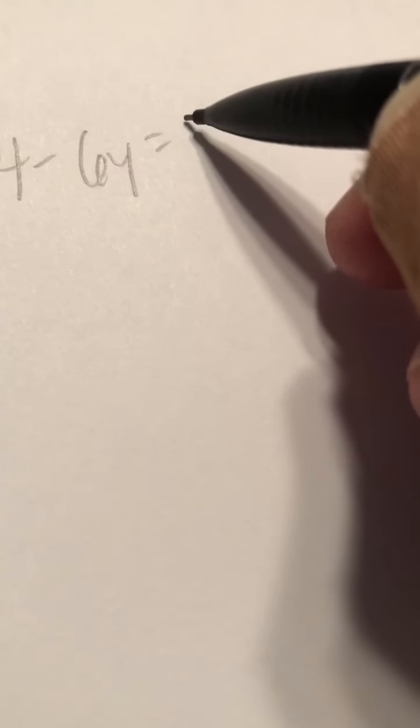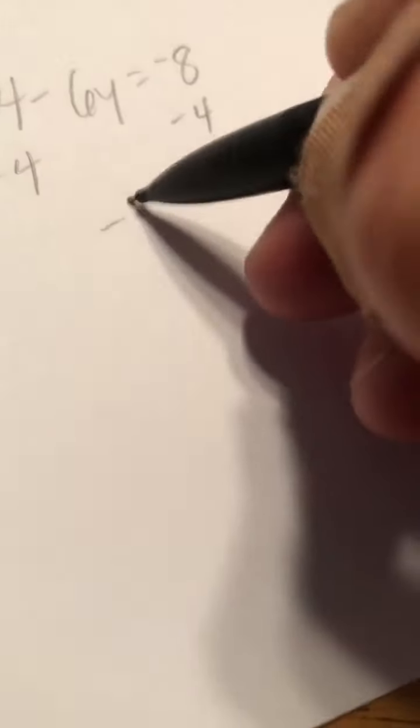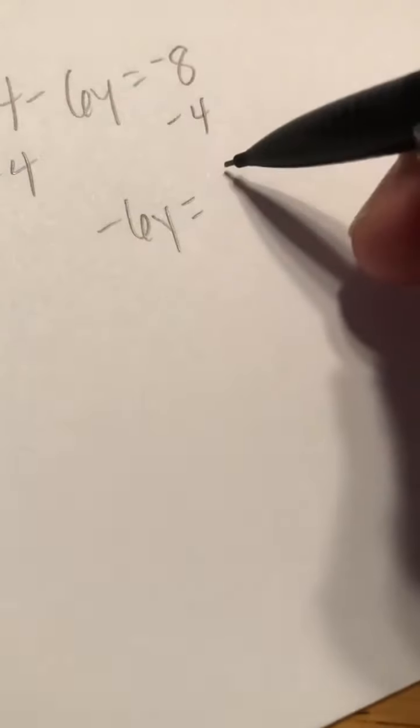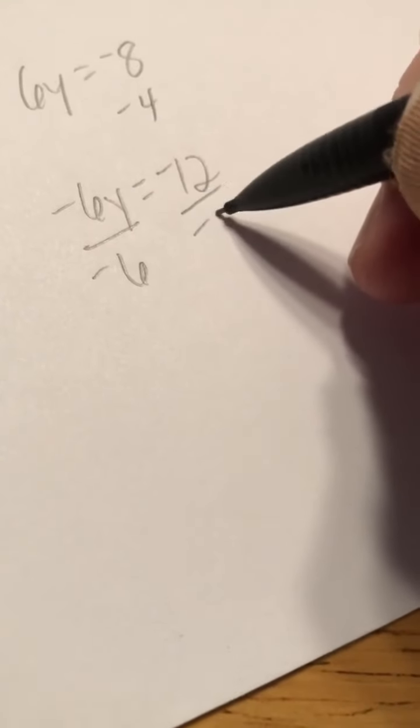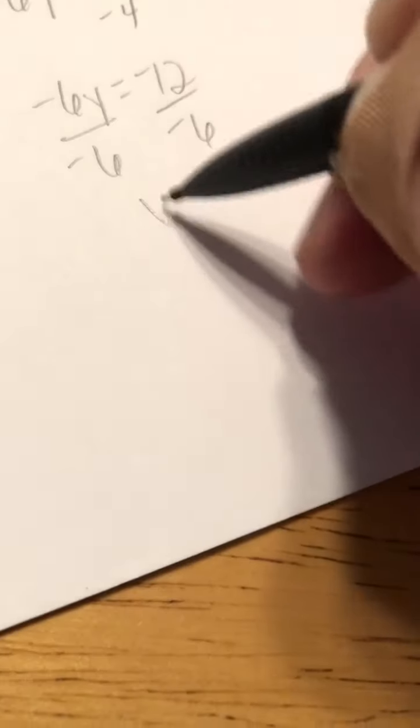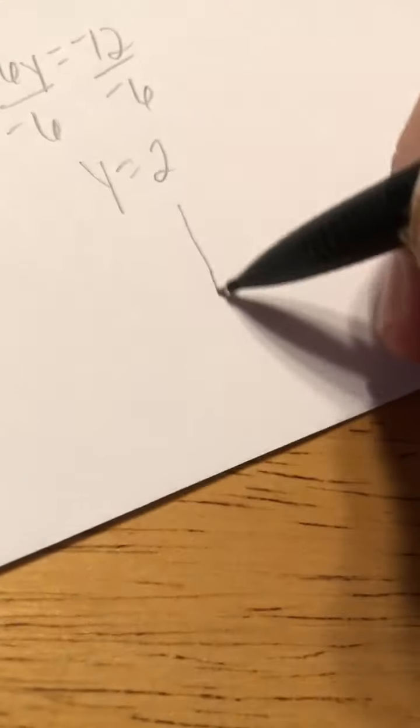Last one we are going to do before we review our last section. Okay? If there's only an x or only a y, we solve for that variable. So I'm going to subtract 4. So negative 6y equals a negative 12. Divide by negative 6, and y equals 2.